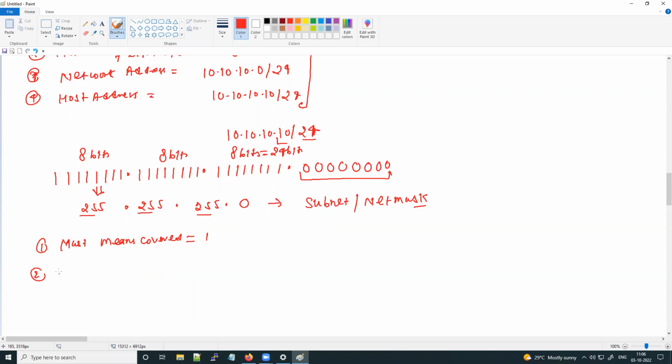Unmasked means uncovered, and uncovered means 0. So the first way that we have seen is the prefix mask, and this is also called CIDR notation.